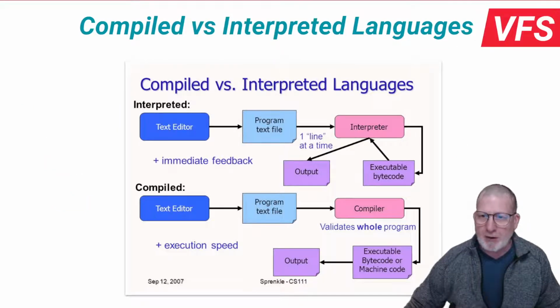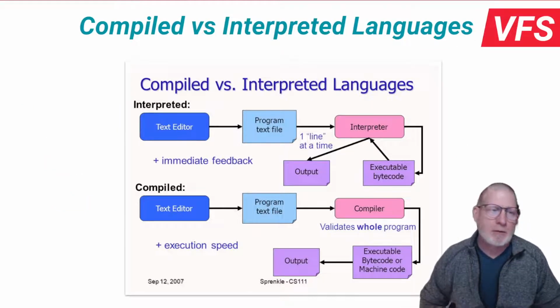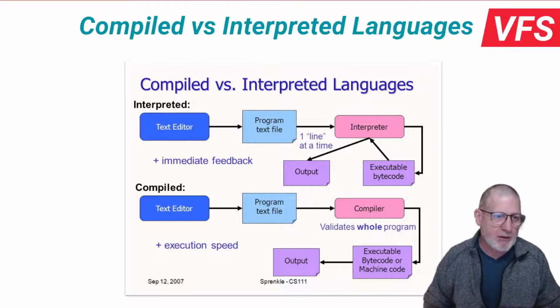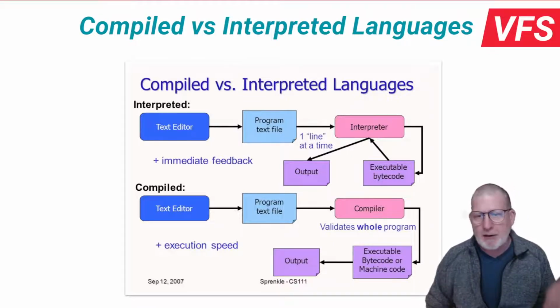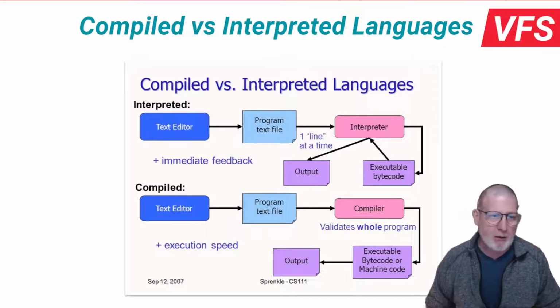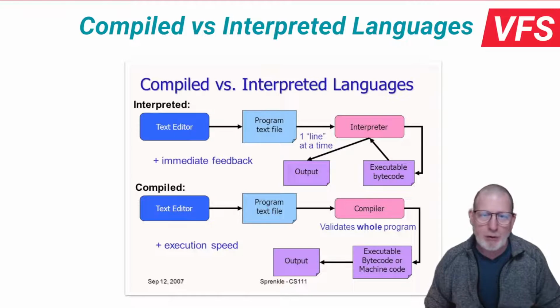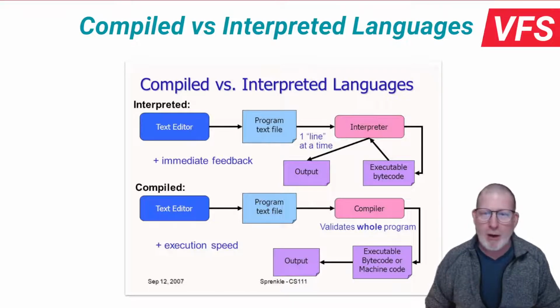The process that follows looks kind of like this, right? You start your text editor and you just edit away, and the interpreter generates the executable bytecode for one line as it happens. The compiler gives you the ability to have a tool show you all of the possible problems it's going to have before you begin.